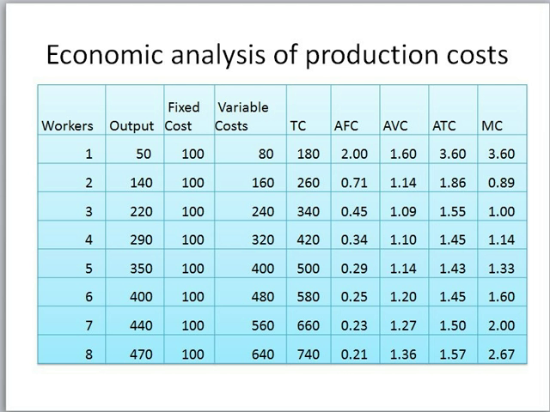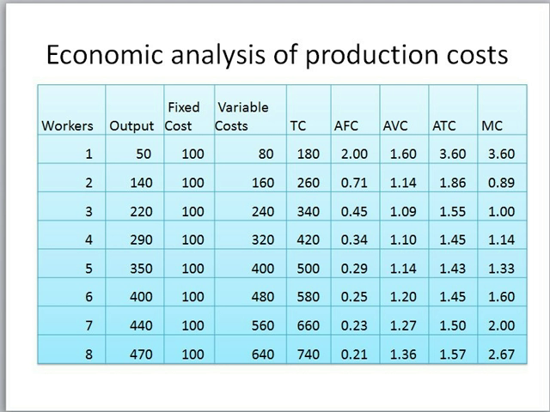The variable costs that we will have are making reference to the level of activity, and we will have $80 for the first worker and $160 if you have a level of activity that justifies two workers, and $240 for three workers. That is, in this example, each one of the workers costs us $80, and so on, all the way up to $640 for 8 workers.